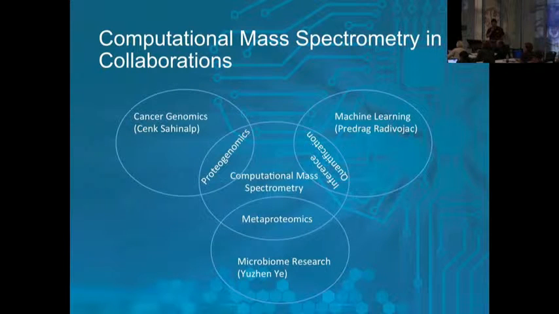So we developed proteogenomics, a method to analyze mass spectrometry data and integrate it with DNA sequencing data. We also use mass spectrometry to study microbiomes, which you will hear more about from the next talk, following me, from Professor Yuzhen Ye. So we do some metaproteomics work too.